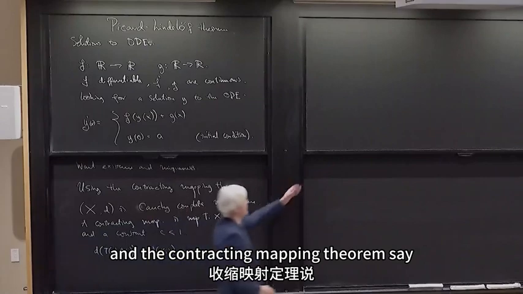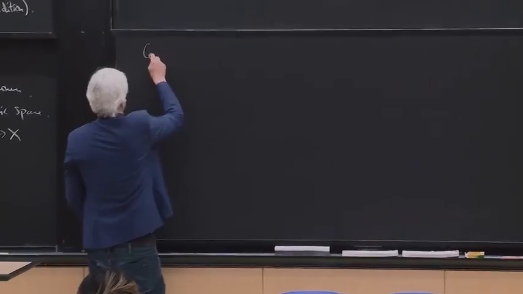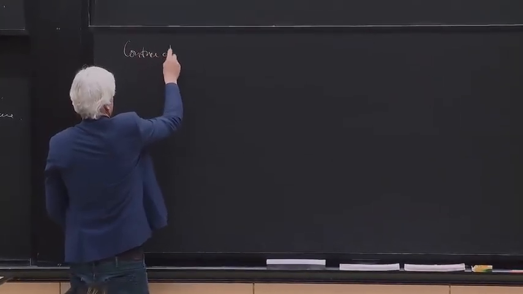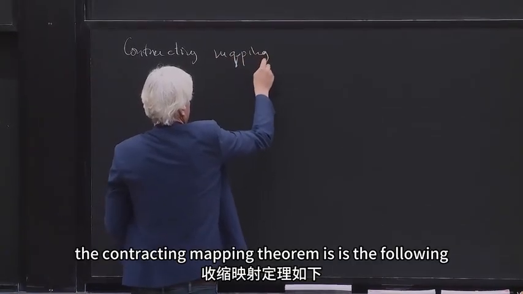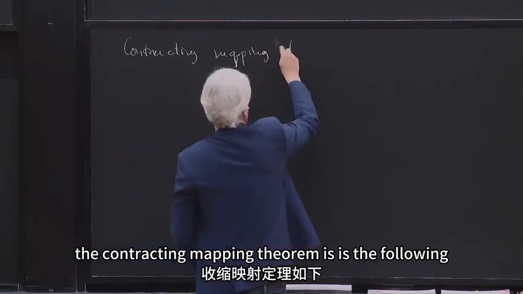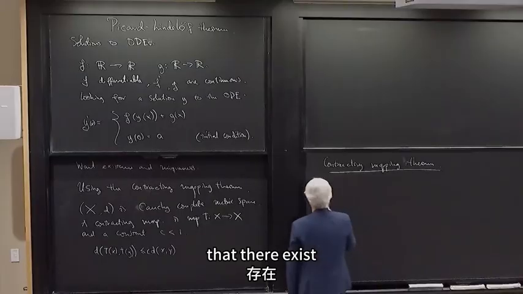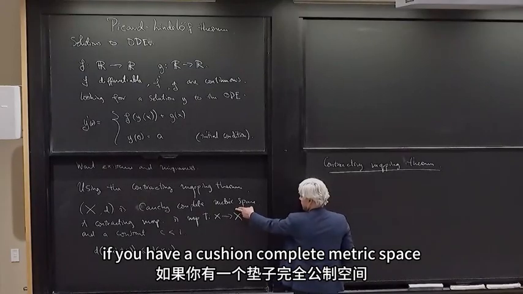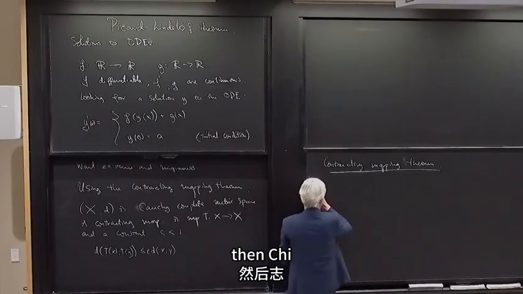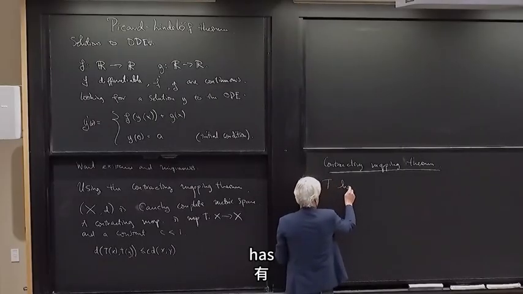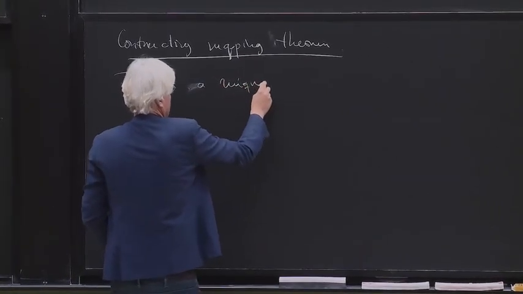The contracting mapping theorem says that if you have a Cauchy-complete metric space and a contracting map like this, then T has a unique fixed point.